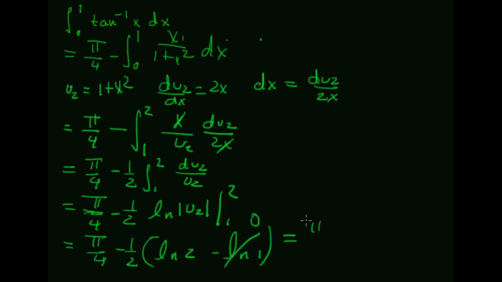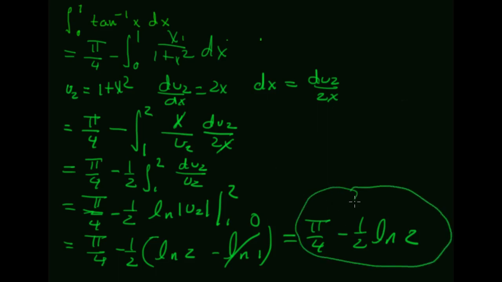So this is pi over 4 minus 1/2 times the natural log of 2. And at that point, as ugly as that is, it's a constant, and that is the value of this definite integral.